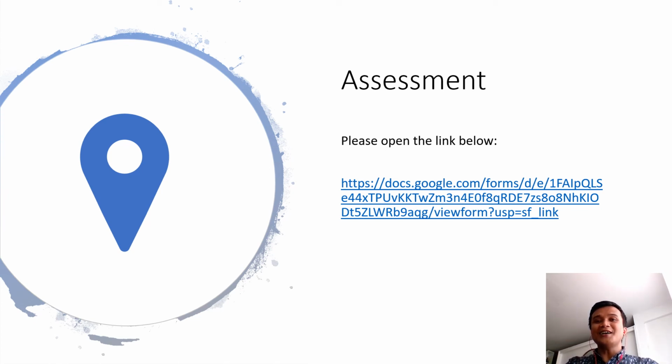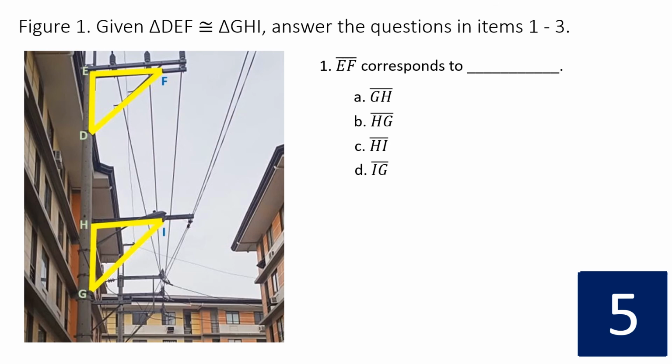Okay, let's start. In Figure 1, given triangle DEF congruent to triangle GHI, answer the questions in items number 1 to 3. By looking at the figure, segment EF corresponds to blank. Letter A, segment GH. Letter B, segment HG.